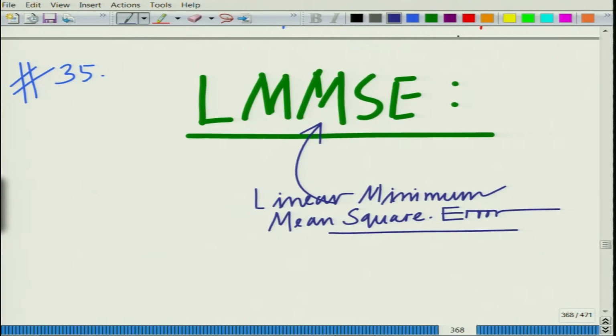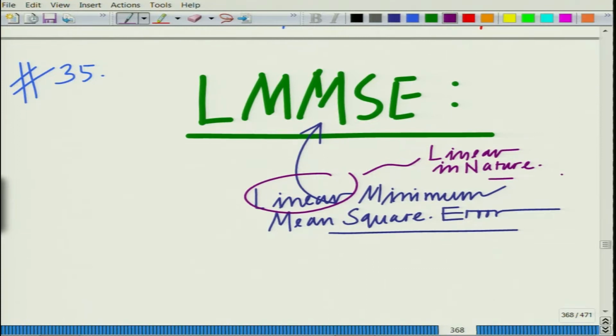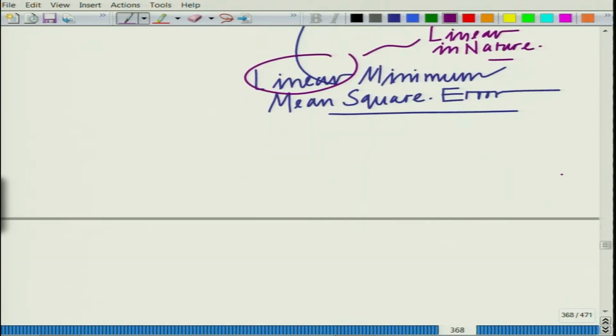This is the principle, and the key word here is linear. This is linear in nature, all right. So, this estimator is linear in nature.